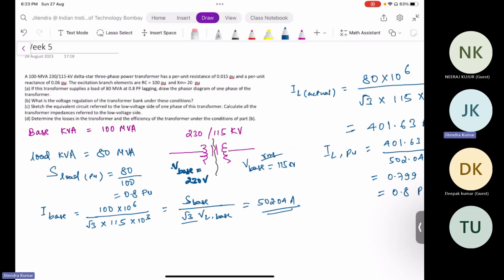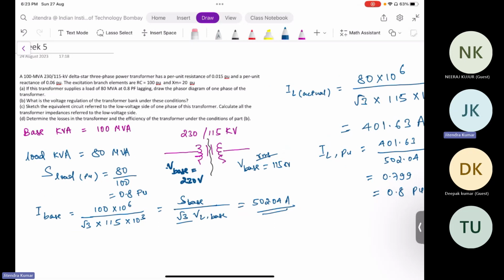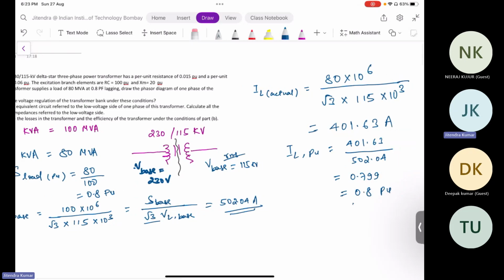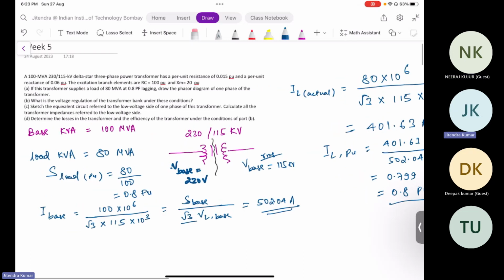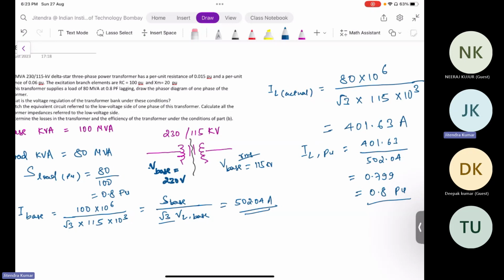Earlier it was 1 per unit at rating, and at 80 MVA the per unit load current is 0.8 pu. So in any competitive exam, you can directly conclude that IL per unit would be 0.8 per unit.